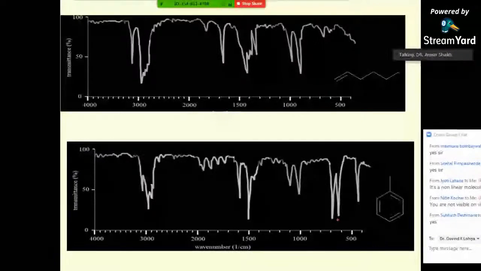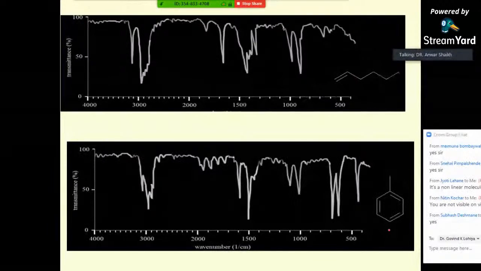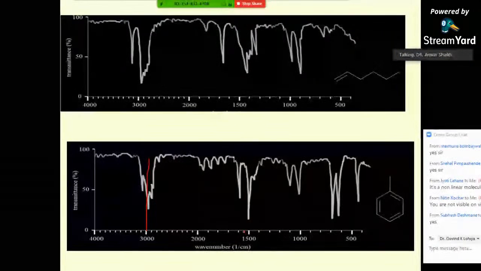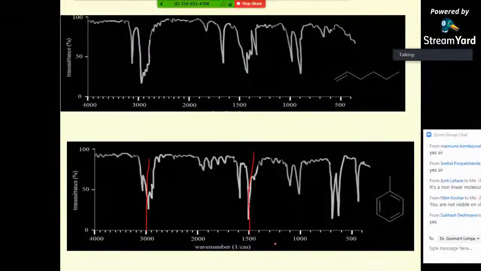Now if you see the aromatic compounds, say for example this is toluene. You can compare toluene with this aliphatic alkene and then the aromatic. So again you draw a straight line at 3000, and another line at 1500. Okay, so what are my findings now?